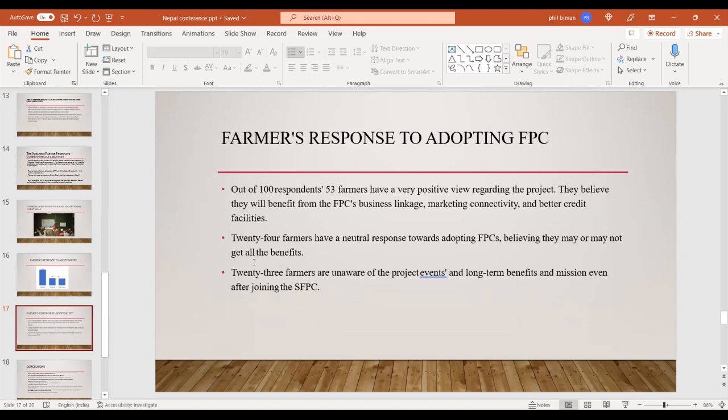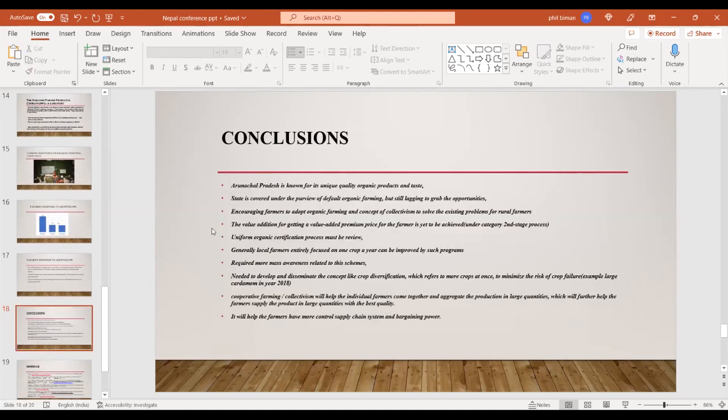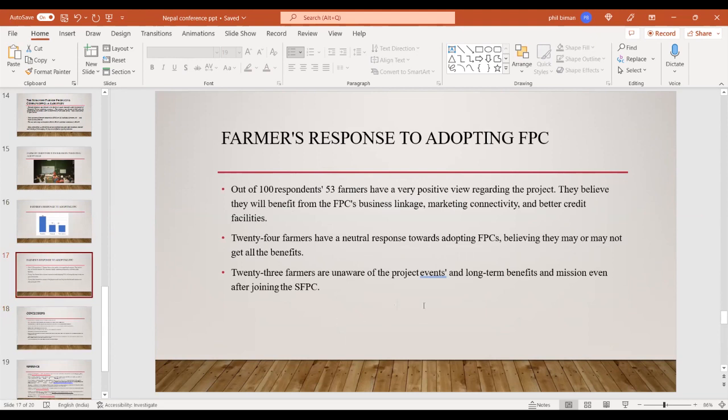Around 24% of farmers have a very neutral response because they are unclear about the benefits and longer-term benefits of forming farmers' cooperatives. And then 23% of farmers are very skeptical about those programs.